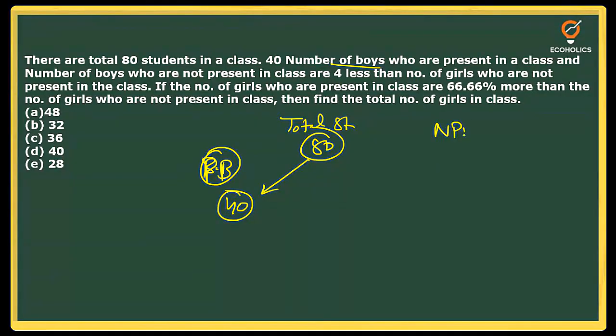So the not present boys and not present girls, the difference is 4.